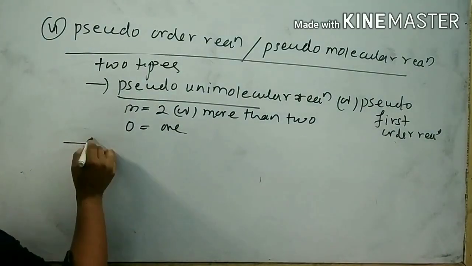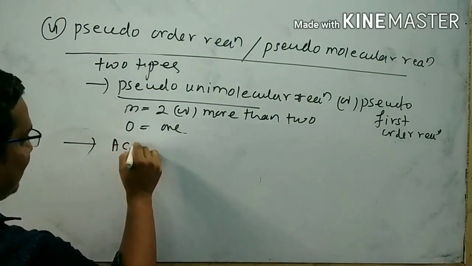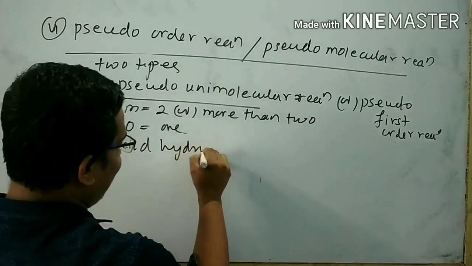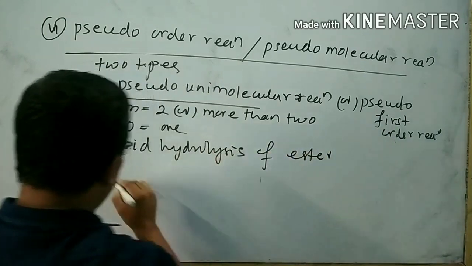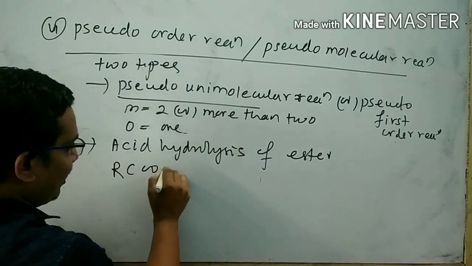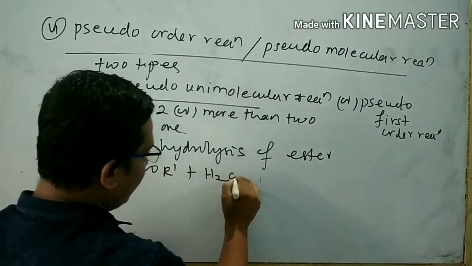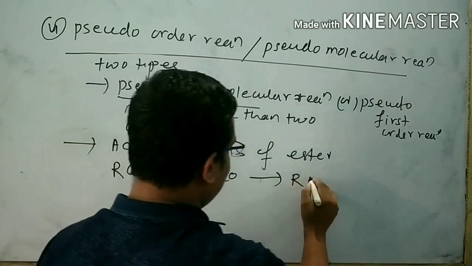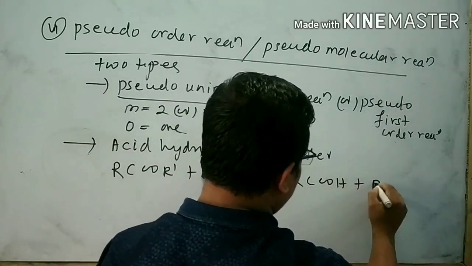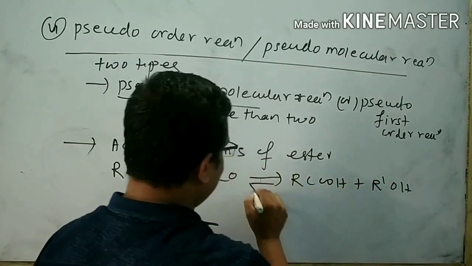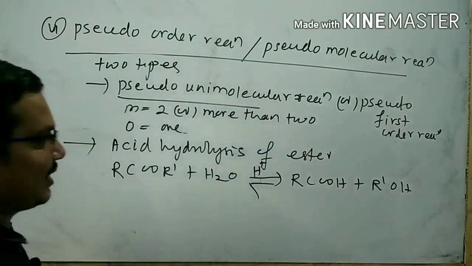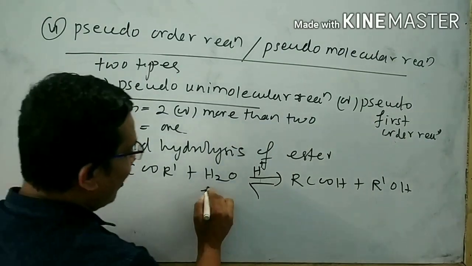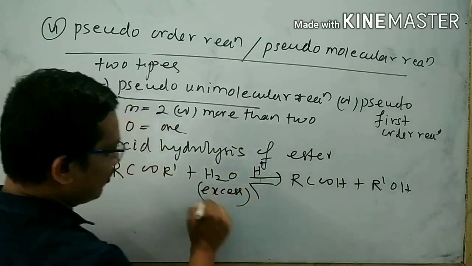Now I will take the second example, acid hydrolysis of ester. RCOOR plus H2O gives RCOOH plus ROH. This is possible in the presence of H plus. This is said to be acid hydrolysis. Here water is taken in excess amount.